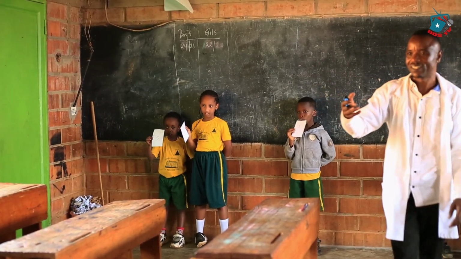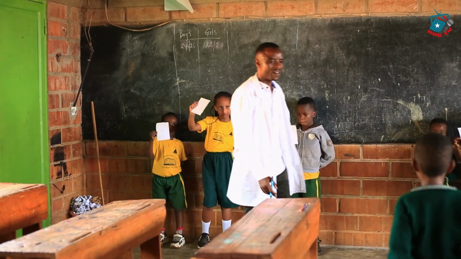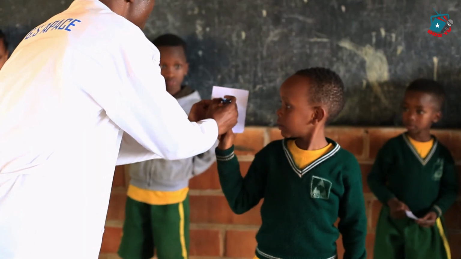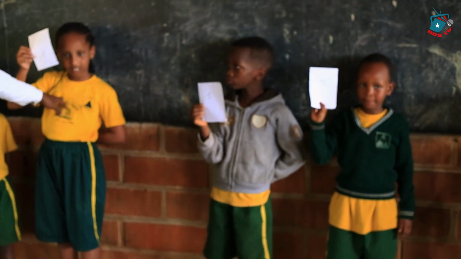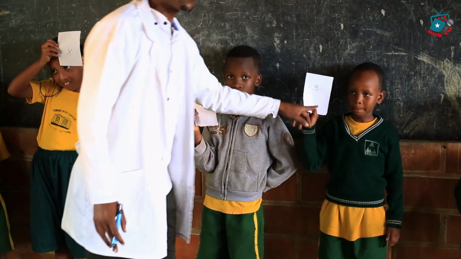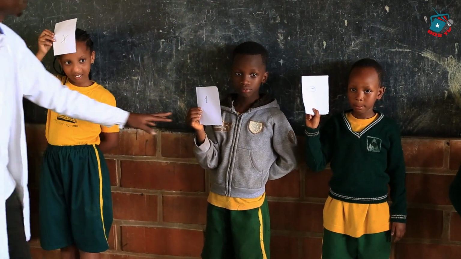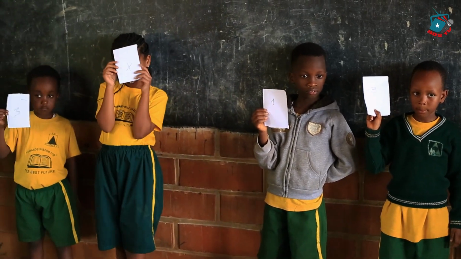Come here, please. Show us. It means that 3 times 1 equals 3. Do you understand? Yes.